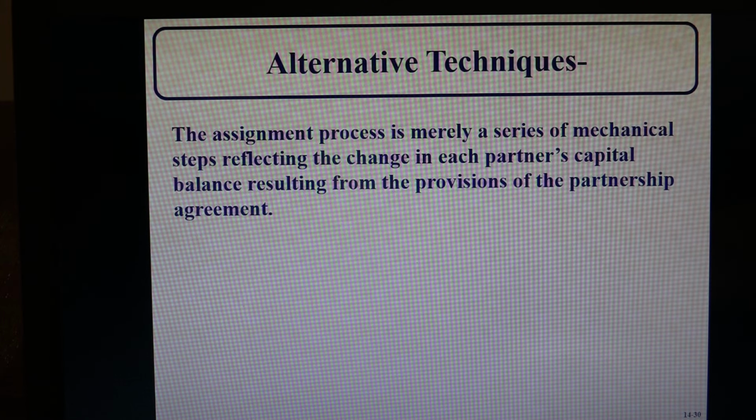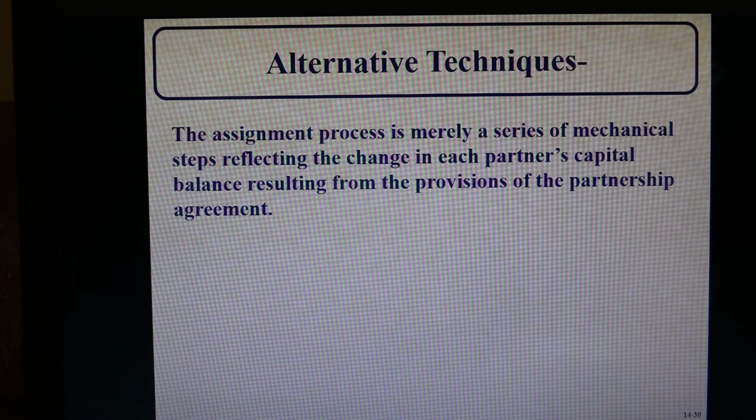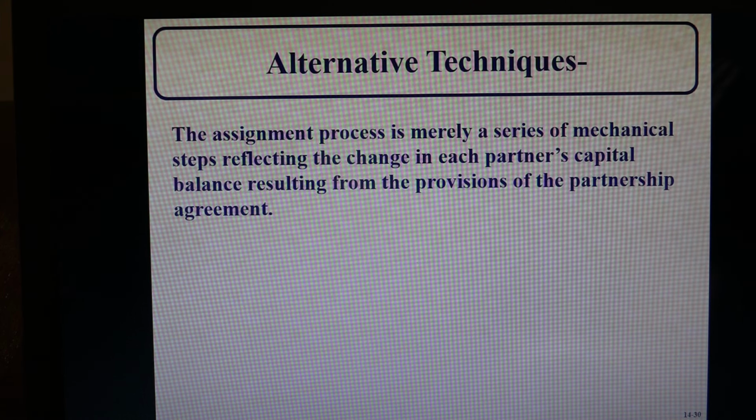A note here: the assignment process is merely a series of mechanical steps reflecting the change in each partner's capital balance resulting from the provisions of the partnership agreement. So the partnership agreement is the first thing to look at in determining how you're going to account for certain things.